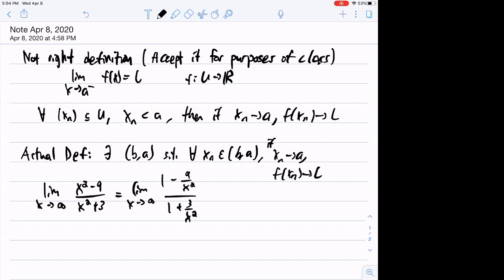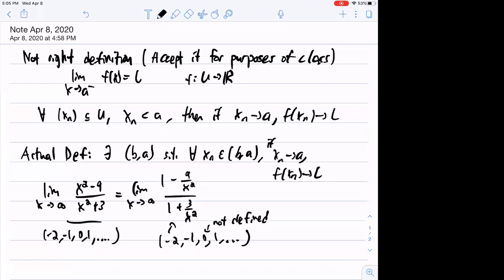If we went with the not right definition here, I could have considered a sequence going to infinity, like -2, -1, 0, 1, dot, dot, dot. This sequence is clearly going to infinity, getting bigger and bigger, like 1, 2, 3, 4, 5, 6, 7, 8. But this sequence no longer makes sense here, because the problem is the point 0 right here is not defined, right?